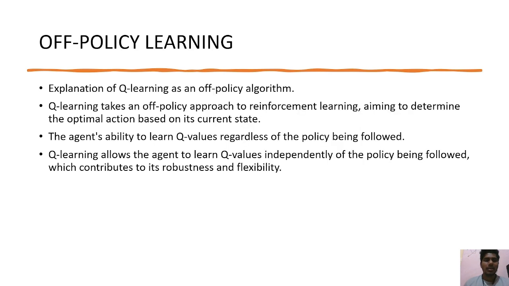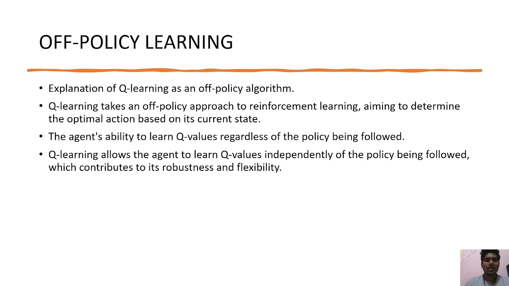So the next topic is off-policy learning. Explanation of Q learning as an off-policy learning algorithm. Q learning takes an off-policy approach to reinforcement learning, aiming to determine the optimal action based on its current state.